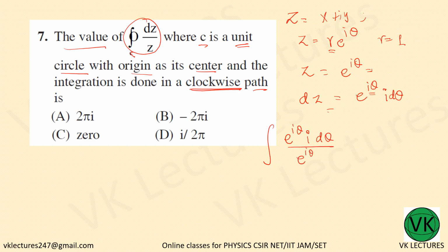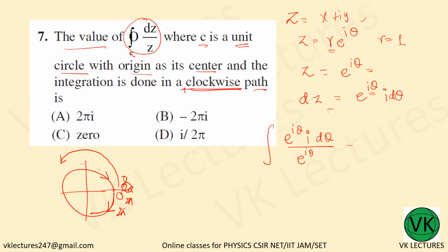From where to where? Now this is clockwise. Clockwise means in this way: you have 0 here, you have 2 pi here. If it was anti-clockwise, you go from this side, from 0 to 2 pi. Since it is clockwise, it goes in this direction. That means from 2 pi you have to go to 0.